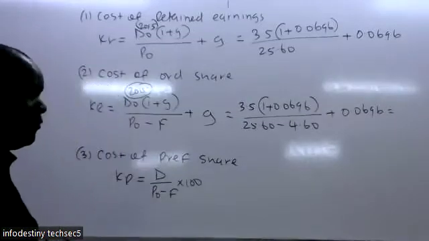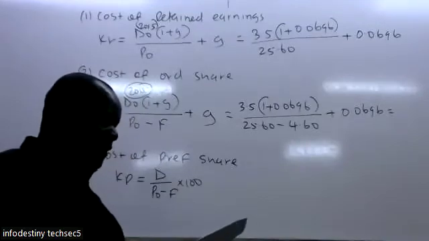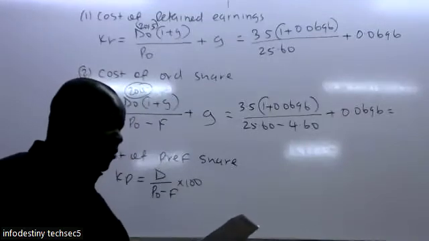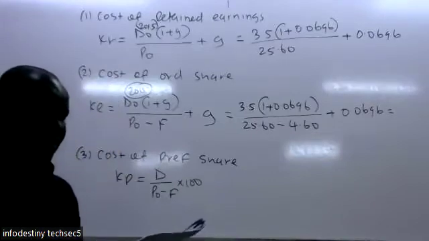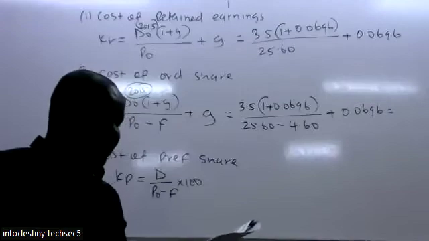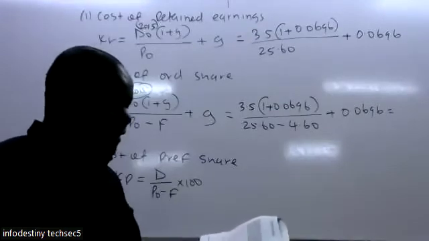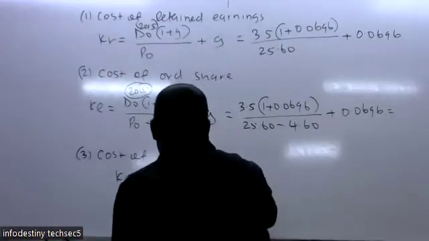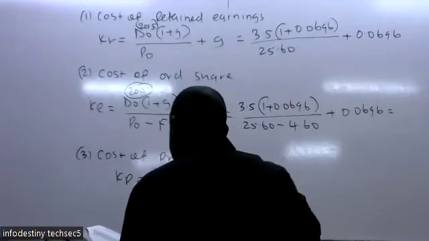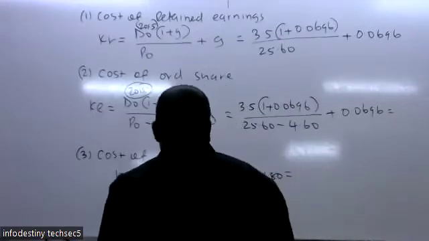So first we compute the dividend per share. To get the dividend per share, I want you to go to note number 5. Note 5 is where you are told that 10% preference shares can be issued at par of how much? 80. So the dividend will be 10% of 80.